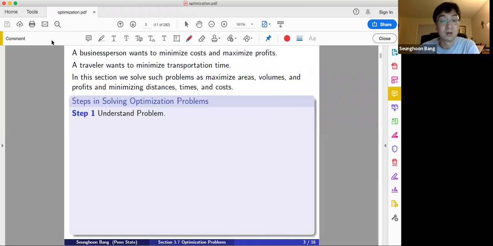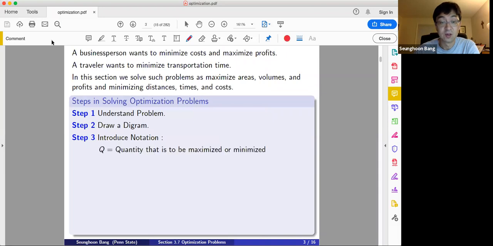Step 1, understand the problem. Second, draw a diagram. Third, introduce notation. Let Q be the quantity that is to be maximized or minimized, though usually we don't use Q. Depending on the problem, to minimize distance you can use D, to minimize cost use C, to maximize volume use V, and to maximize area use A. It depends on your choice of notation.